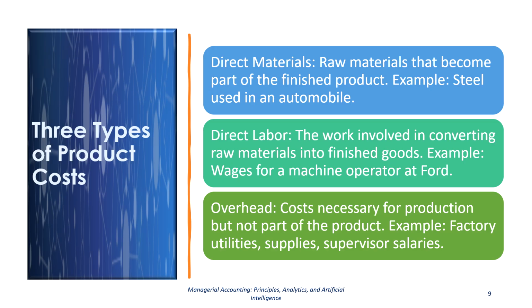Overhead includes indirect costs necessary for production, such as factory utilities, supervisor salaries, depreciation on equipment, and machine maintenance. Overhead is often the most confusing category because it includes many indirect production costs. Please make note in your active learning notes the three types of production costs: direct materials, direct labor, and overhead.